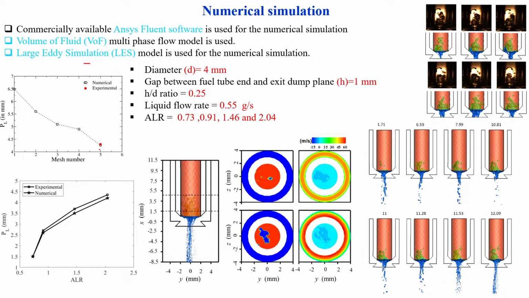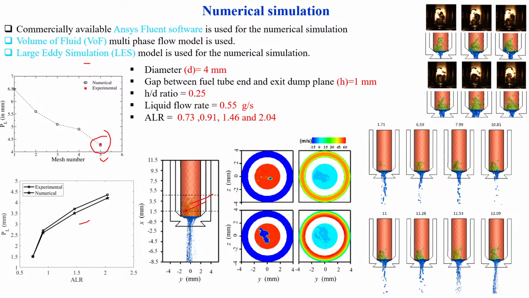These are the meshes, for the purpose of understanding the different mesh cases. First we need to understand the effect of grid on the penetration length of the air in the liquid tube, so I performed this. I used a very fine mesh in order to accurately capture the air penetration length in the liquid tube. This is the experimental and numerical comparison.